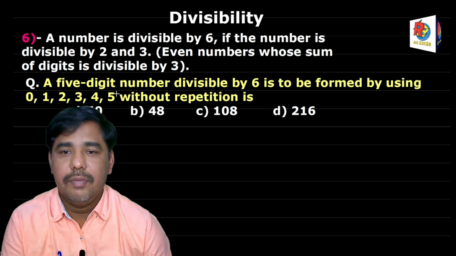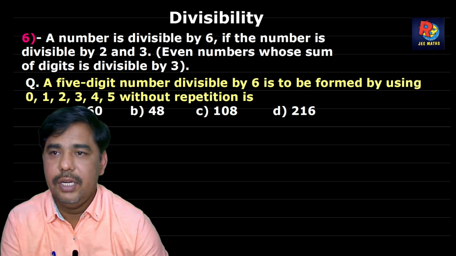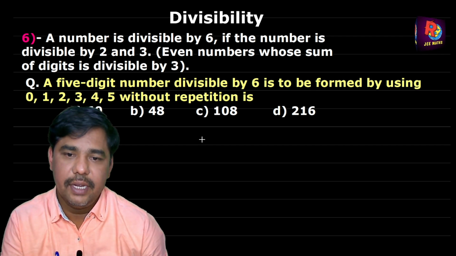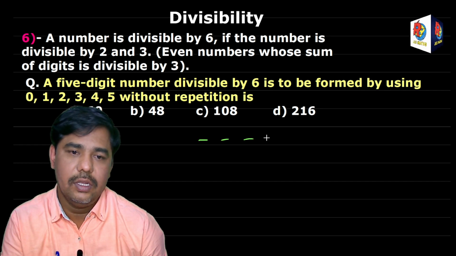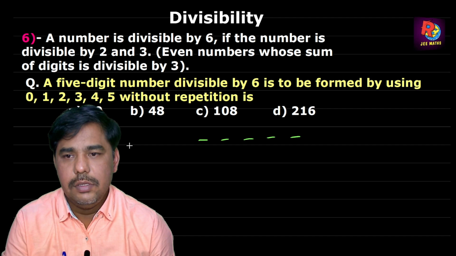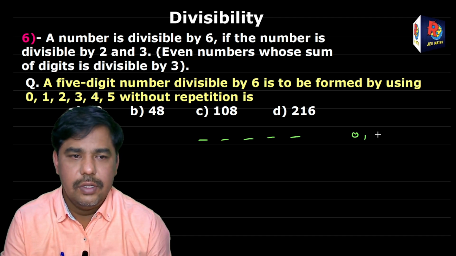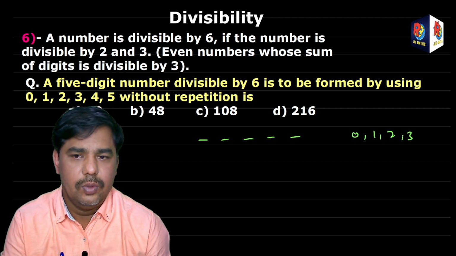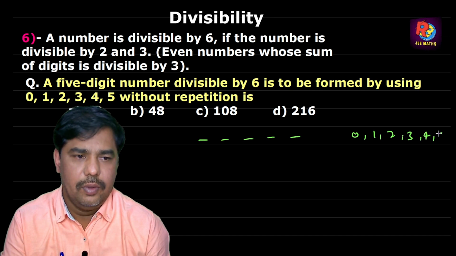So here we need to take a 5-digit number. The digits are 0, 1, 2, 3, 4, 5.